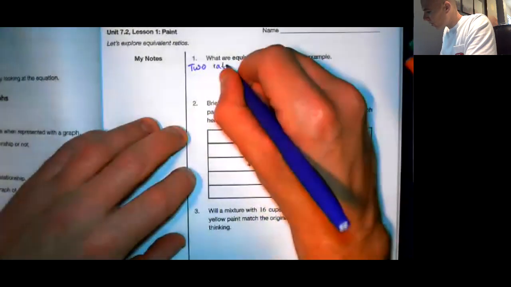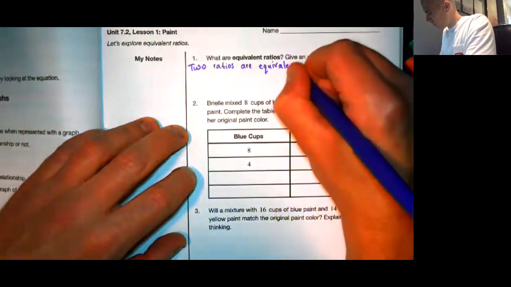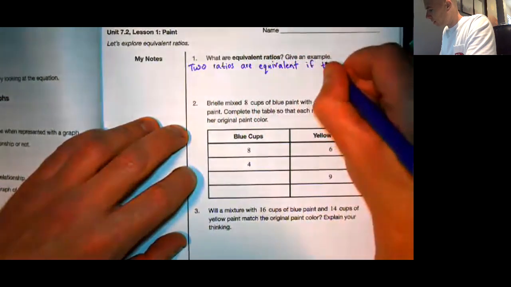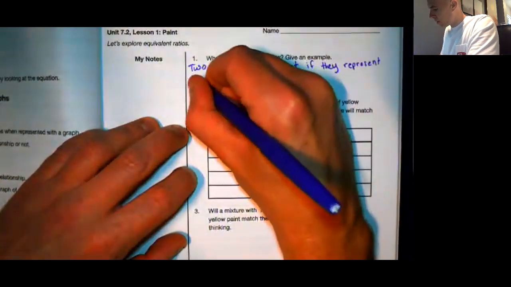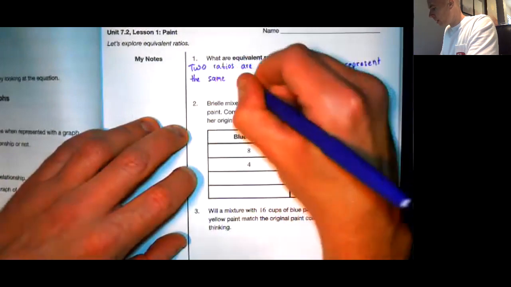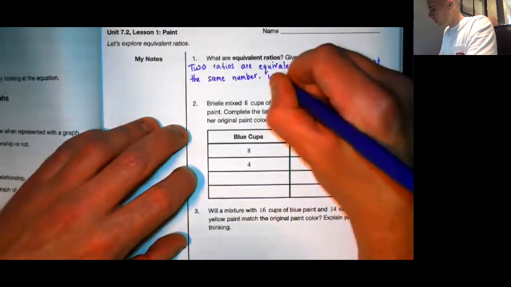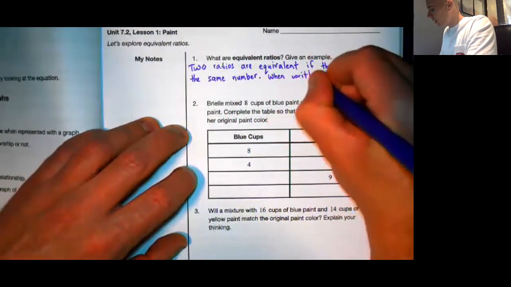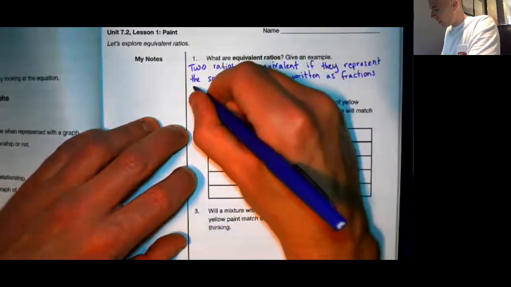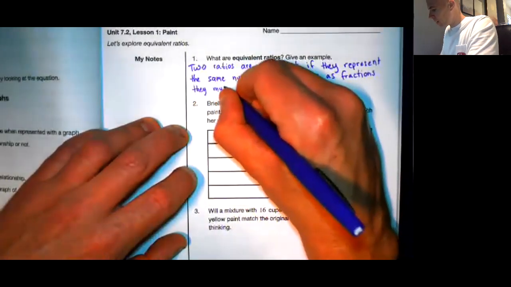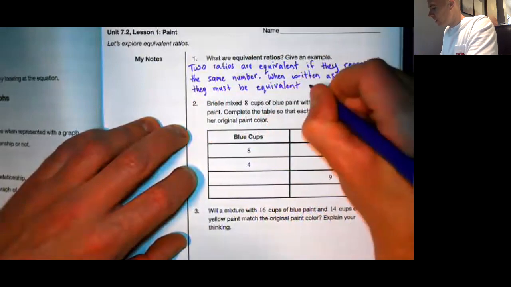Two ratios are equivalent if they represent the same number when written as fractions, they must be equivalent fractions.